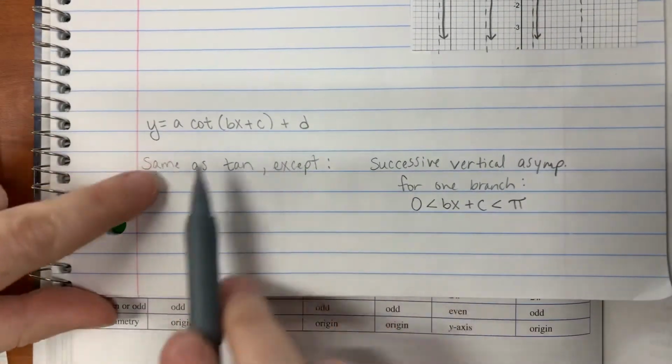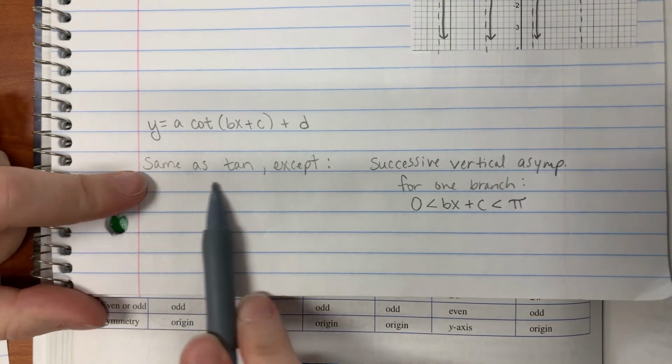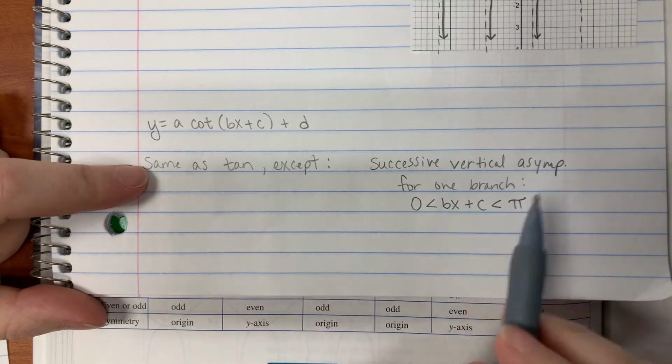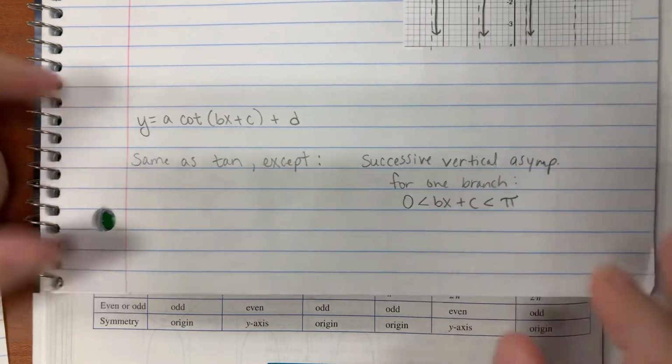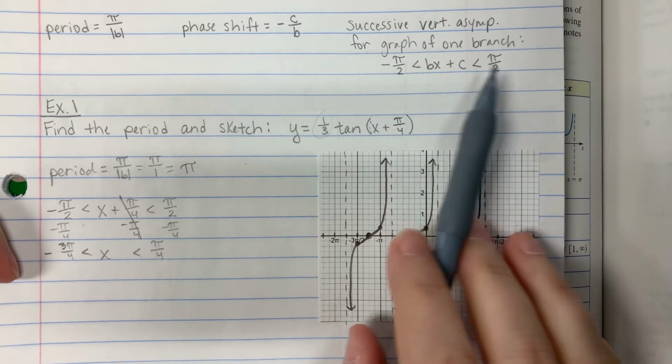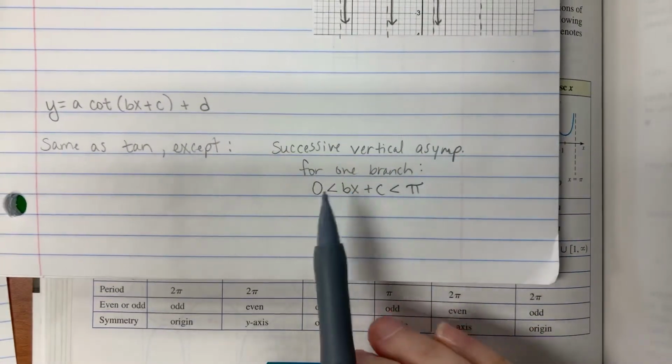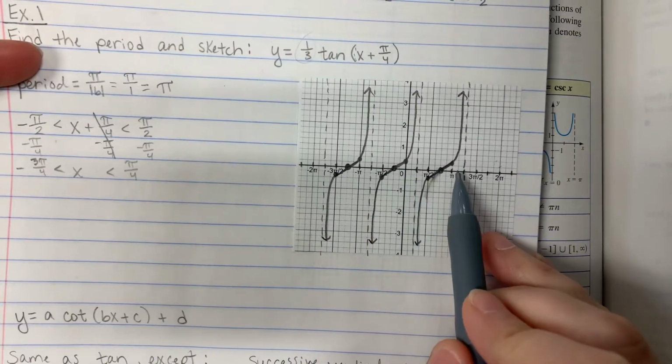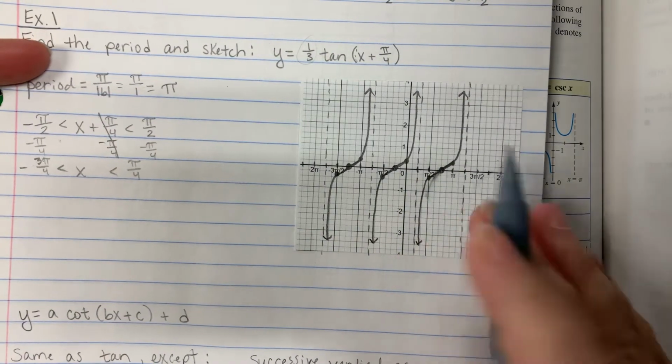All right, so then let's talk about cotangent. What happens there? Well, in a cotangent situation, everything is the same as tangent, except now this kind of period, instead of going from -pi/2 to pi/2, cotangent goes from 0 to pi. So it's kind of shifted over from 0 up to pi. And that's without a phase shift.